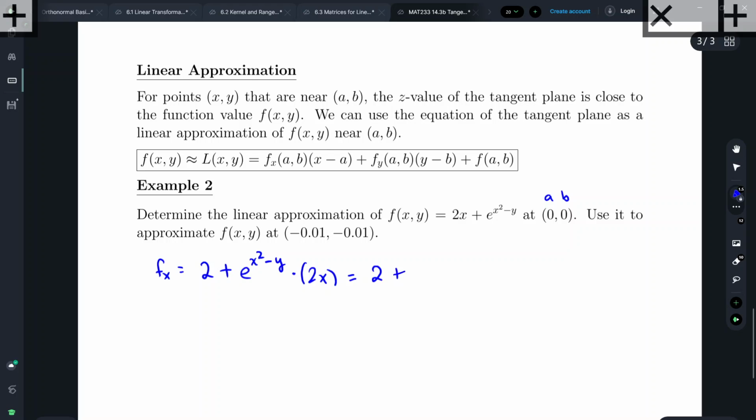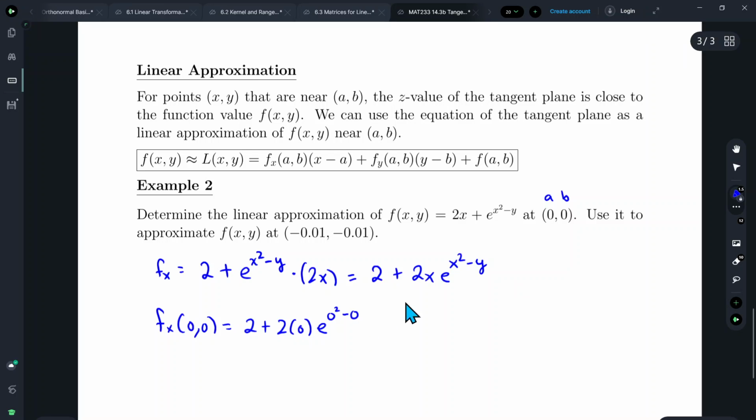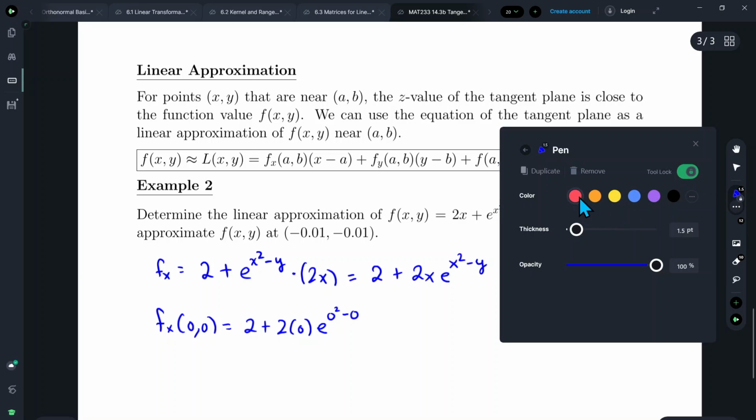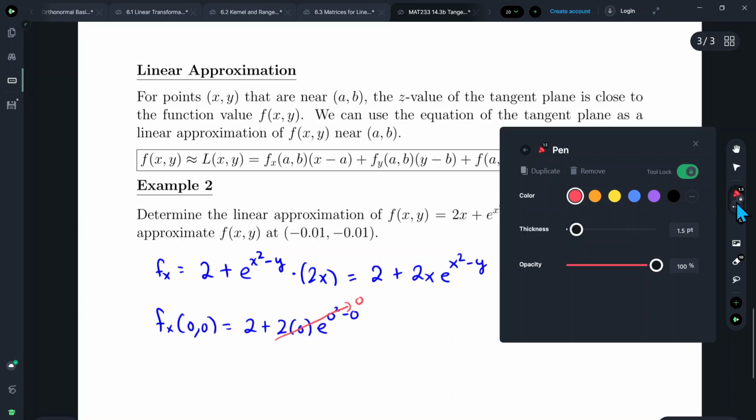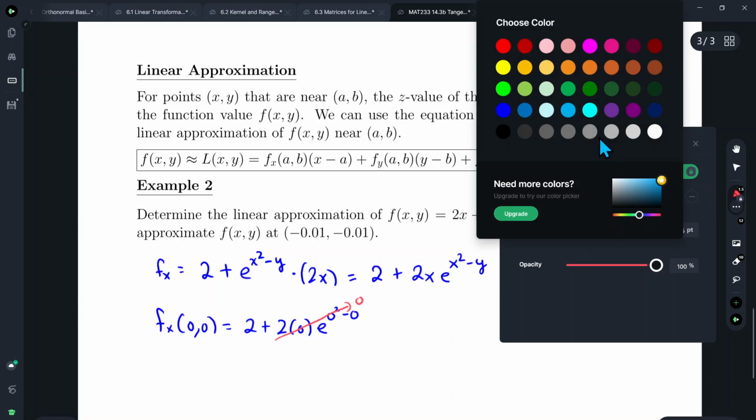So we get 2 plus 2x e to the x squared minus y. And then again, we need to calculate it at the point (a, b). So let's plug that in. So we get 2 plus 2 times 0 e to the 0 squared minus 0. But this term we're just multiplying by 0, so this whole term goes to 0, and we're just left with 2.